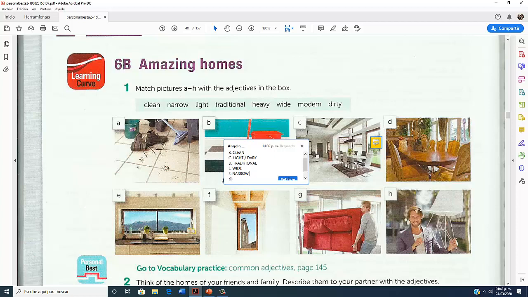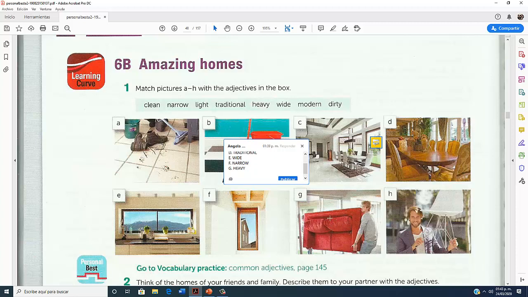Wide, narrow. Then in letter G, oh, look at that sofa. That's a very heavy sofa. No? Because, look, it's necessary that two people hold it to carry this sofa from one place to another. So it seems to be very heavy.